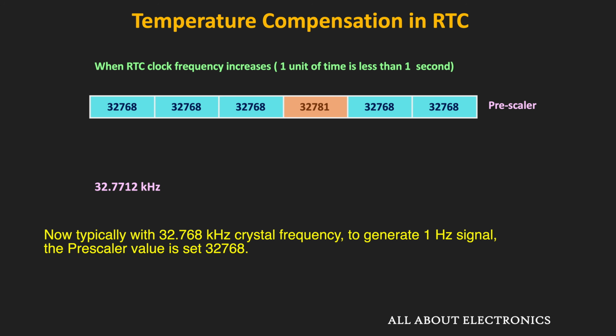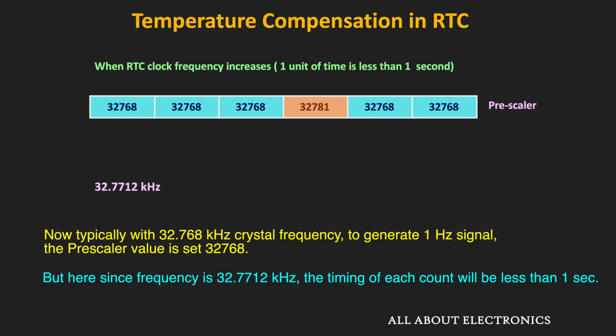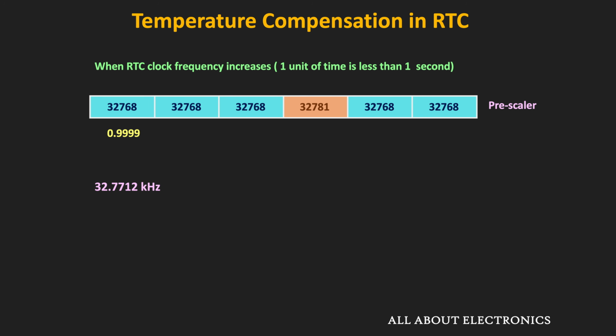Now typically, to generate a 1 Hz clock signal, the prescaler value in the divider circuit is kept at 32768. With this prescaler value, the timing of each count is equal to 0.9999 second. That means if we divide this crystal frequency with the prescaler, we will get a frequency which is slightly more than 1 Hz, and in the timing, that is equal to 0.9999 seconds.